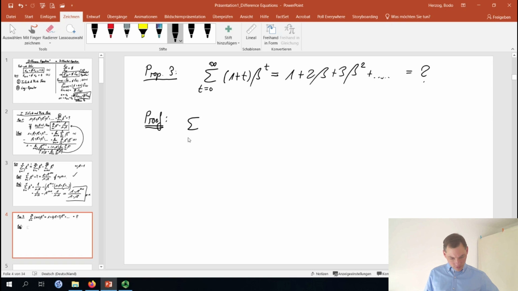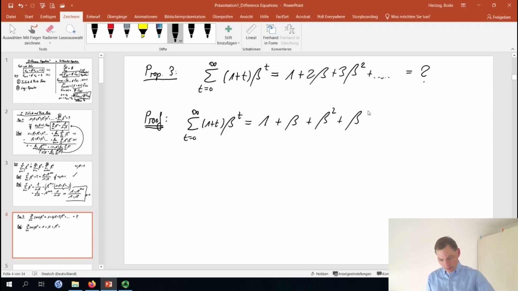Well, so we want to know this sum of (1 plus t) beta^t. And how can we write this? Of course, in principle, it is also 1 plus beta plus beta squared plus beta cubed plus and so on.